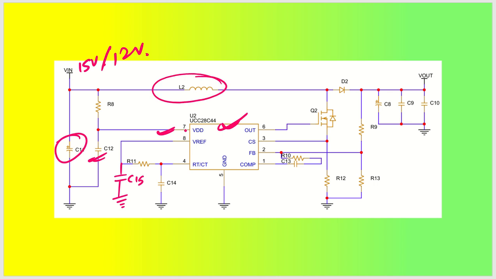The inductor gets switched on by this MOSFET, Q2. The MOSFET switches based on this output pin, and the RT and CT pins set the switching frequency used for this output gate switching. So this is kind of a gate driver as well.